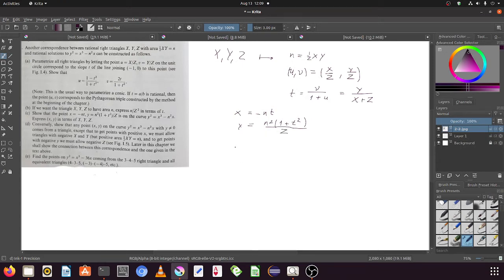So we have to prove that we can go backwards from x and y to x, y, z.